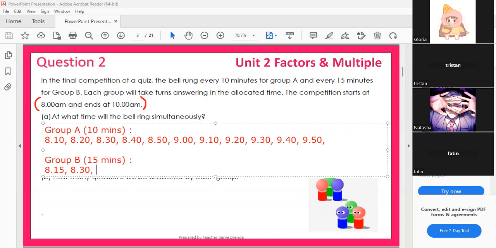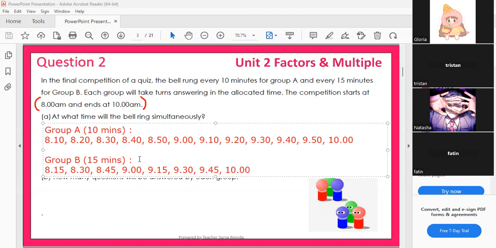You can see it's a 15 minutes interval. 8:45, 9 o'clock, 9:15, 9:30, 9:45, 10 o'clock. Okay, 10 is the last. So you see 8:15, 8:30, 8:45, 9, 9:15, 9:30, 9:45, 10.